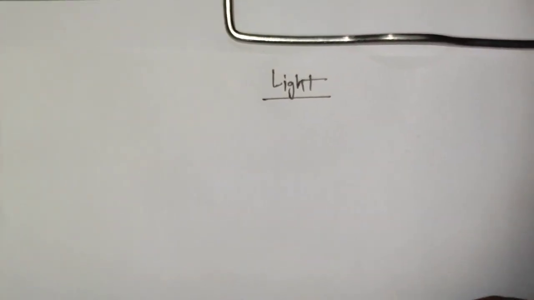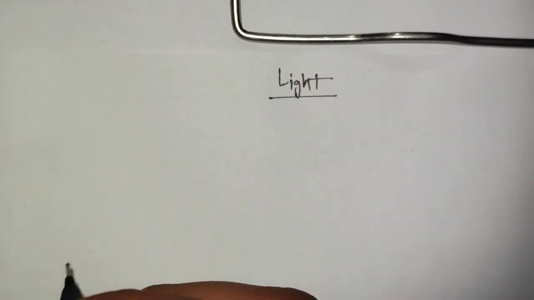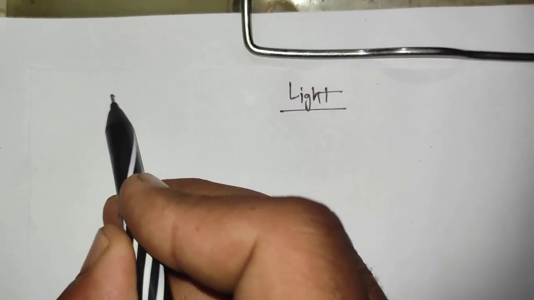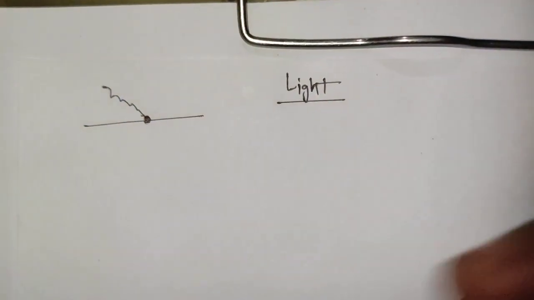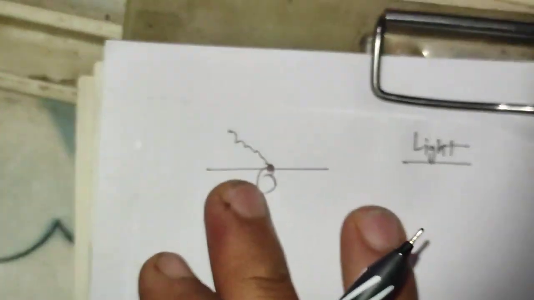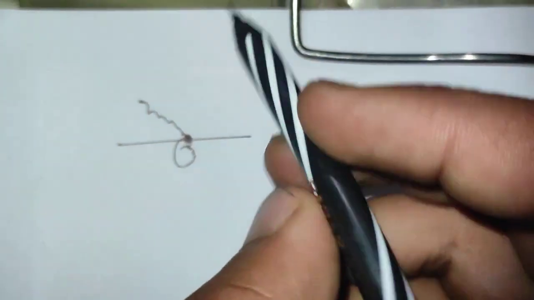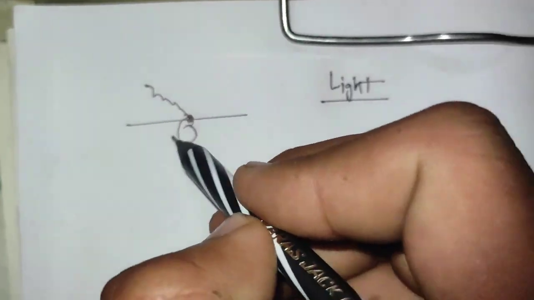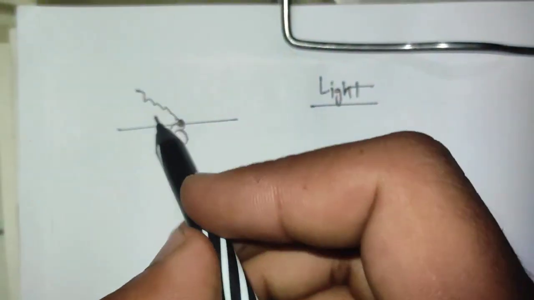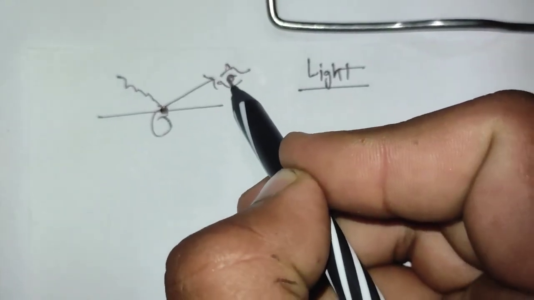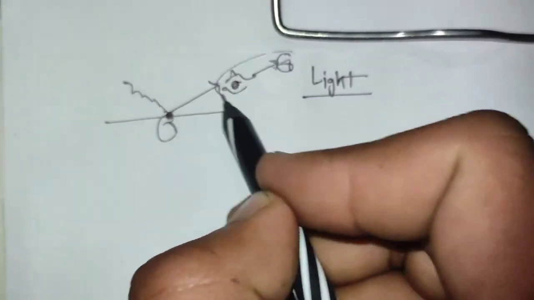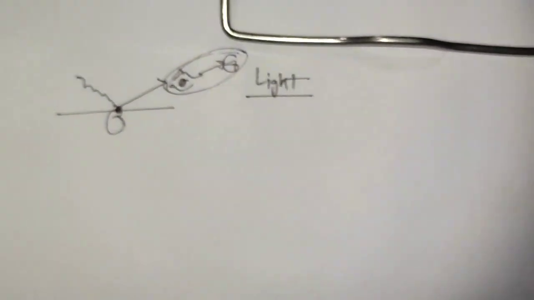We understand how we see an object: when light falls on the object, after reflection it comes into our eyes, and through the mind we see the overall image, like what the color of the object is.